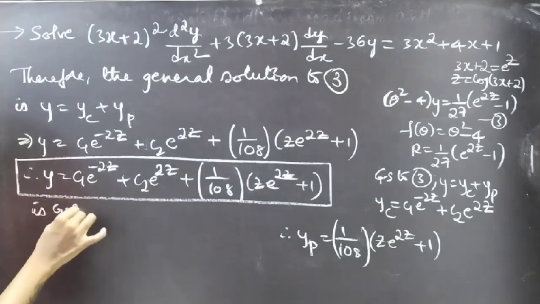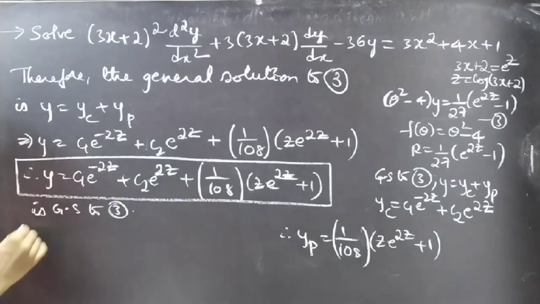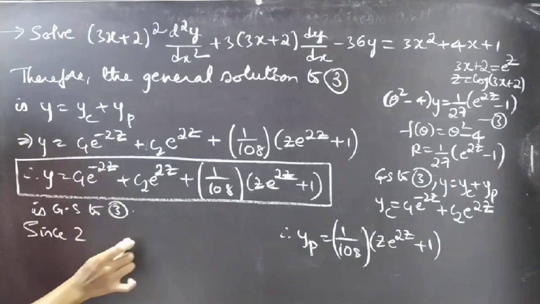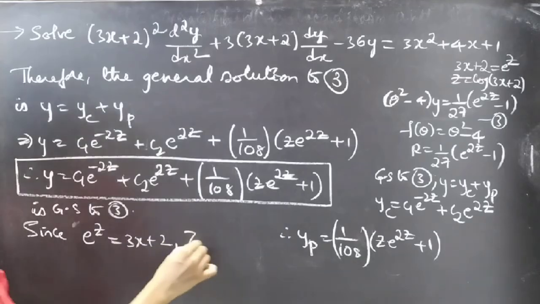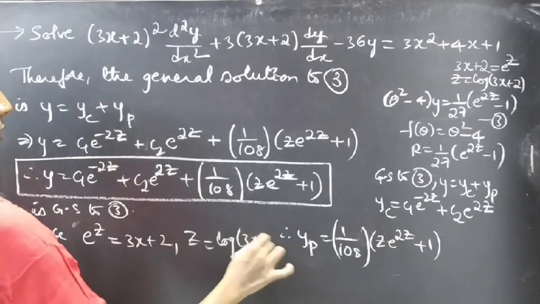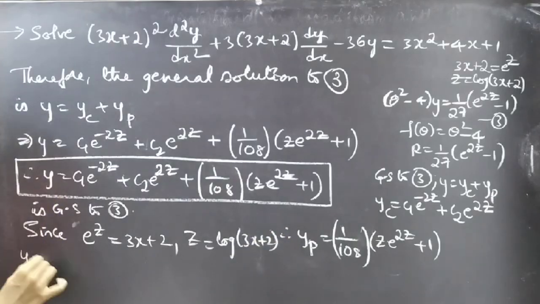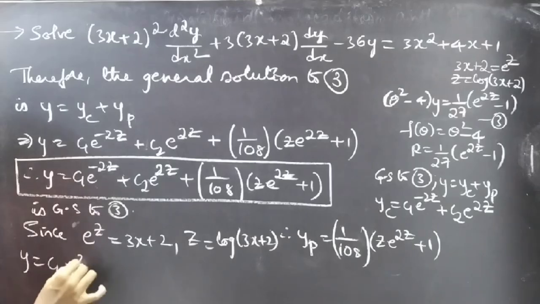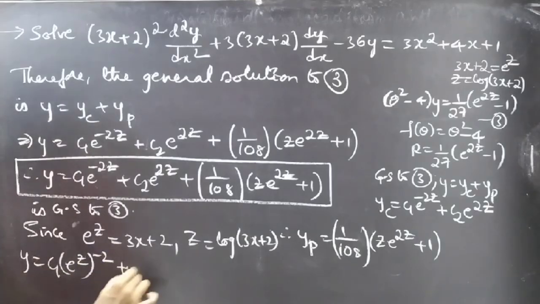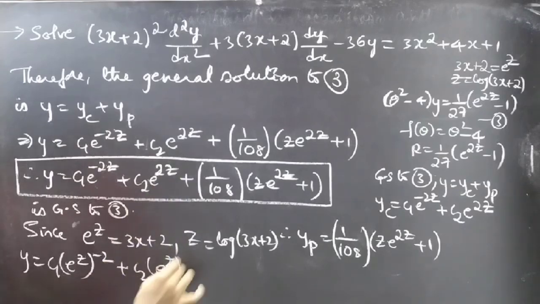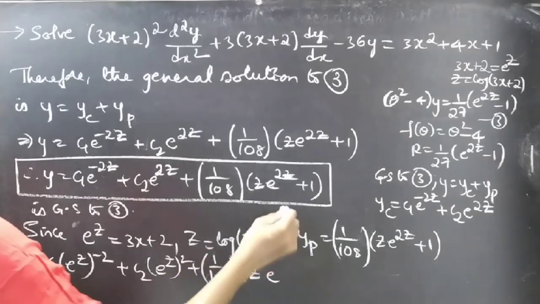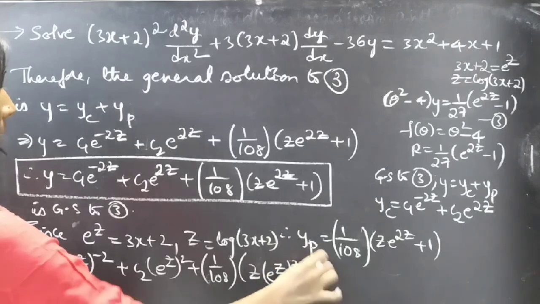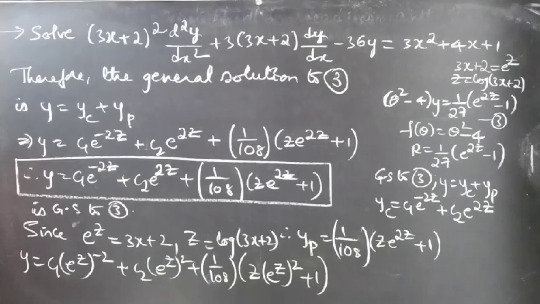Since e power z equals 3x plus 2 and z equals log of 3x plus 2, we'll write this equation as y equal to c1 e power z power minus 2 plus c2 into e power z whole square plus 1 by 108 into z, e power z whole square plus 1, so that we can easily replace e power z and z in the next step.